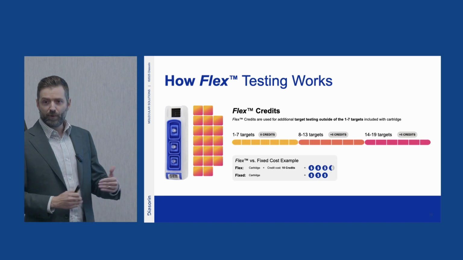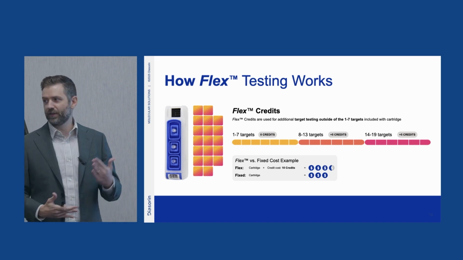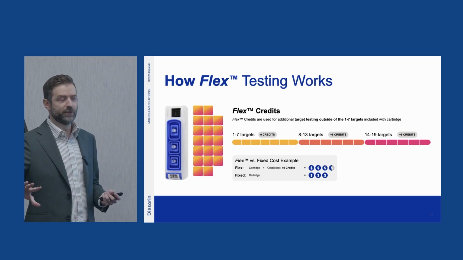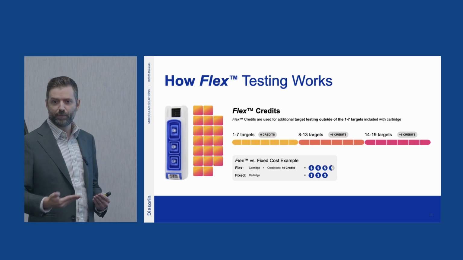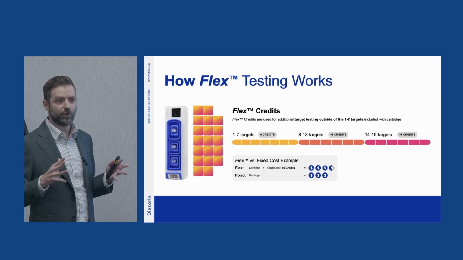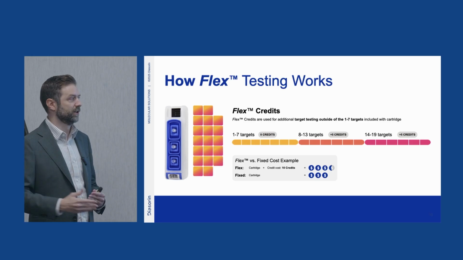So the next tier would be 14 to 19 targets. Same thing. If you're running 14 targets or 19 targets, you are in that final tier, and that would take an additional 5 flex credits from the system. So now you're at 10 total flex credits if you're to run this last tier of testing.